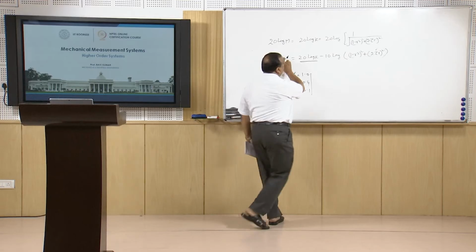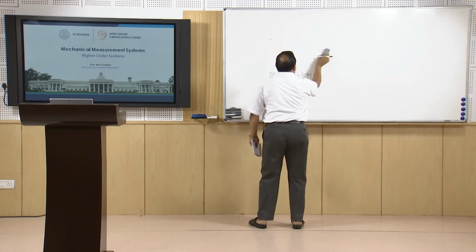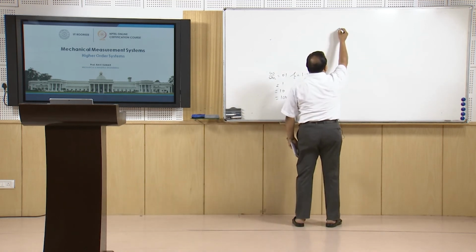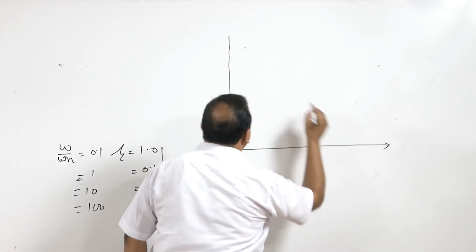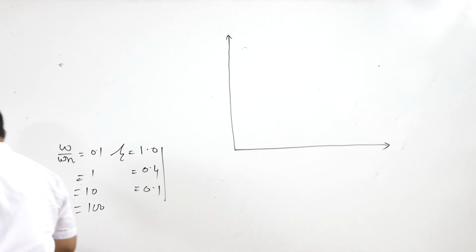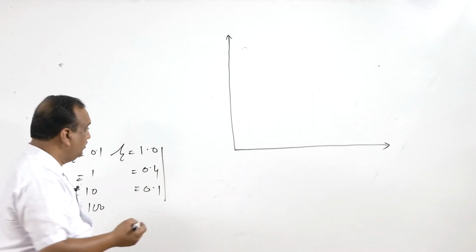So if we draw the trend using this information, the final graph is going to be like this. On the x-axis we can take omega lambda, or say omega by omega n.